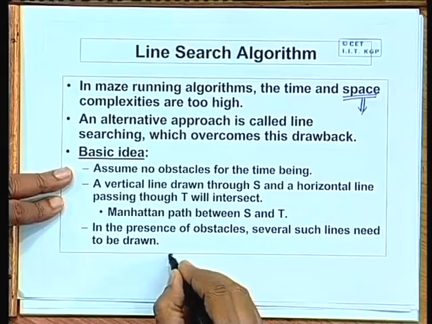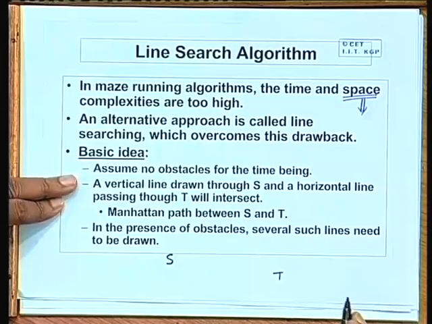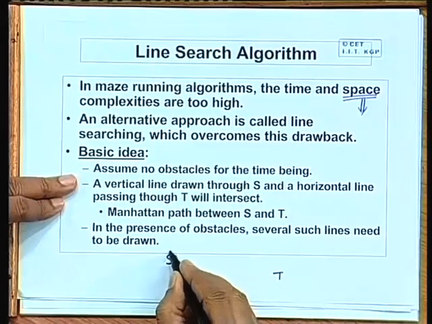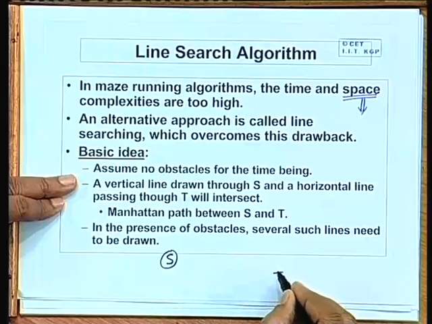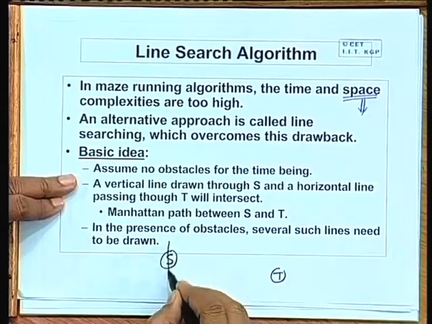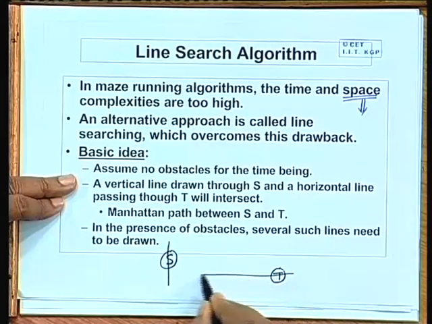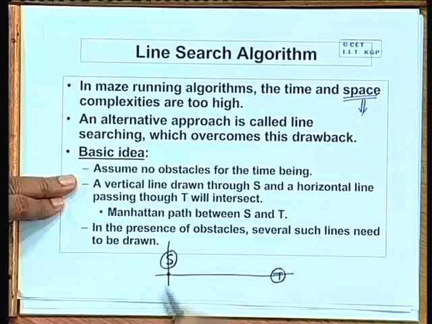Suppose you have a source out here, you have a target out here. The idea is that if you draw an imaginary vertical line through S and an imaginary horizontal line through T, they will intersect at some point. So, if you trace back from the point of intersection back towards T and S, you have found out the Manhattan path.